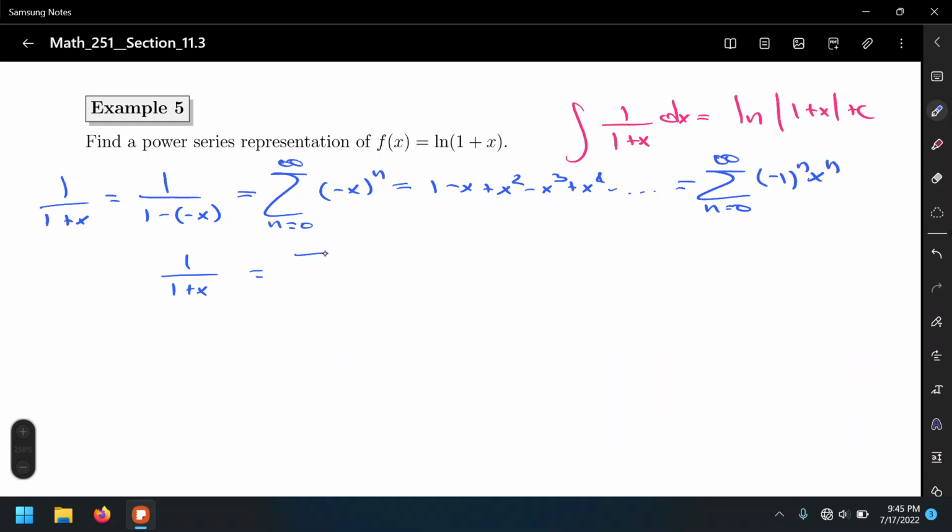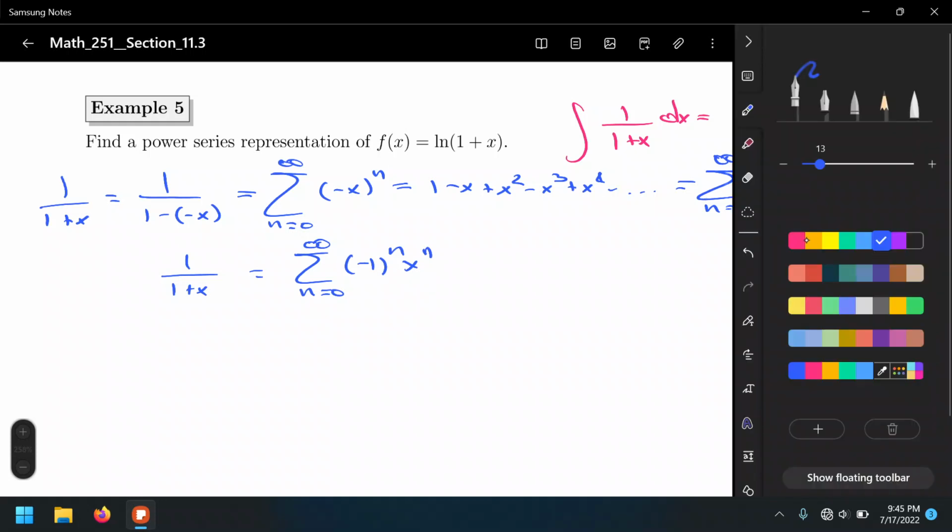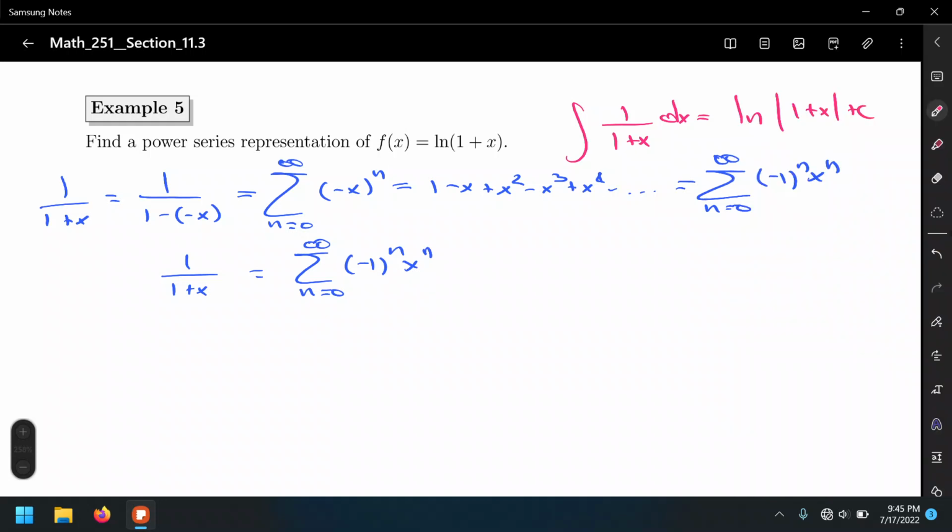I'm going to write this one right here: sigma n equals 0 to infinity, negative 1 to the n, x to the n. And in this case, we are going to integrate both sides of this definition, integral with respect to x.